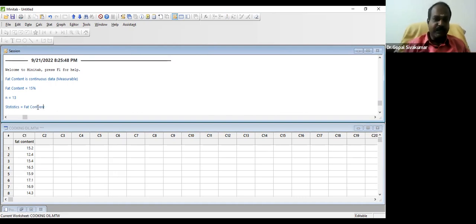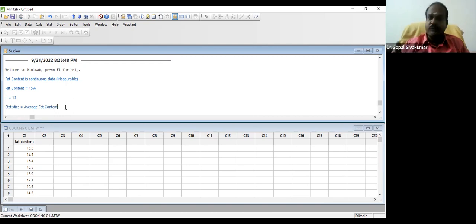Fat content. To be very specific, the average fat content, because we have 13 samples. So the question is whether the average fat content has deteriorated or not. Yes, sir. If it has crossed the boundary, I will reject my belief.